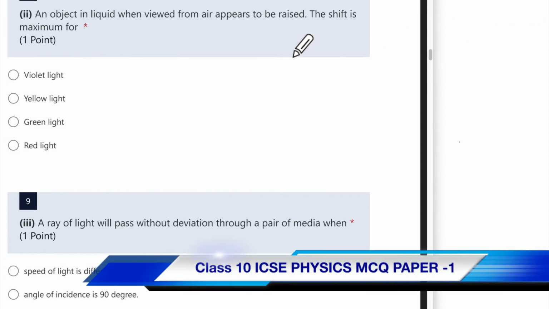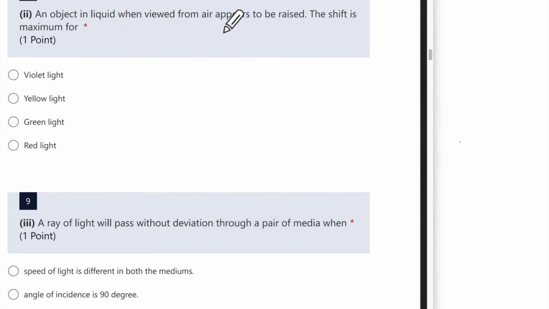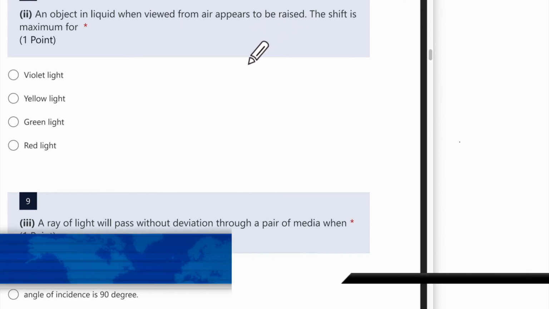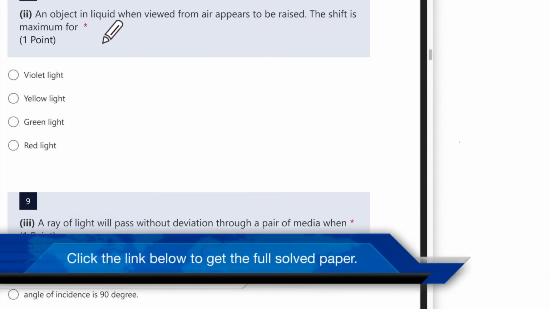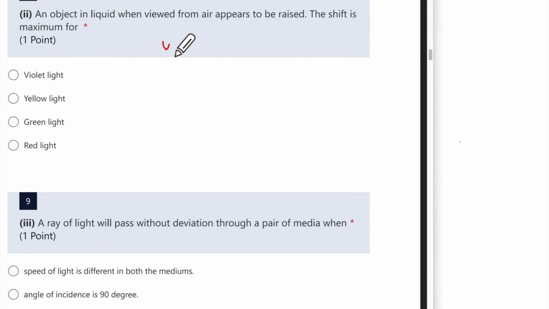Let us go to the 8th one. An object in liquid, when viewed from the air, appears to be raised. This shift is maximum for. Now you must have the VIBGYOR diagram in front of you, and you must know that violet is 4000 angstrom unit and red is 8000.